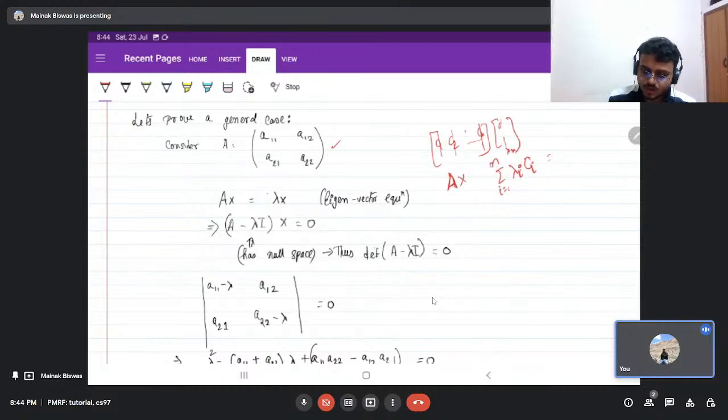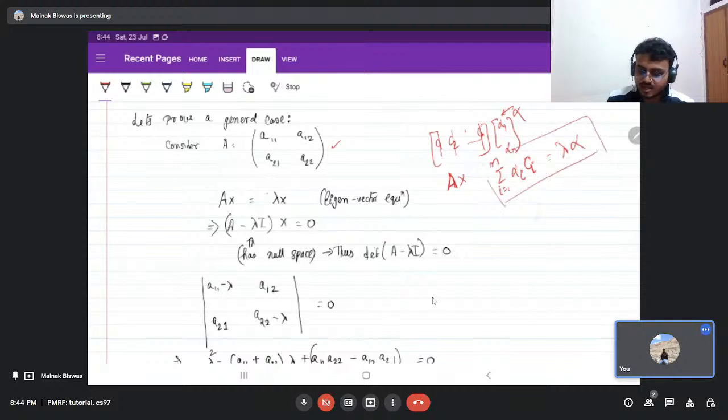So let's put alpha here. The sum of alpha i ci, which we name the alpha matrix, equals lambda times alpha. So this is the equation.